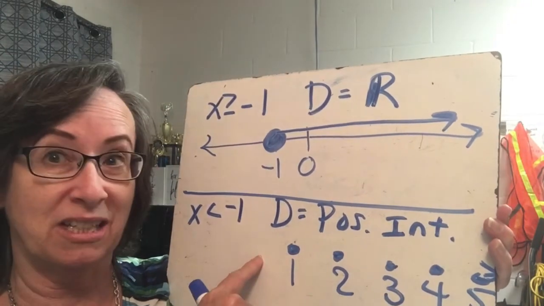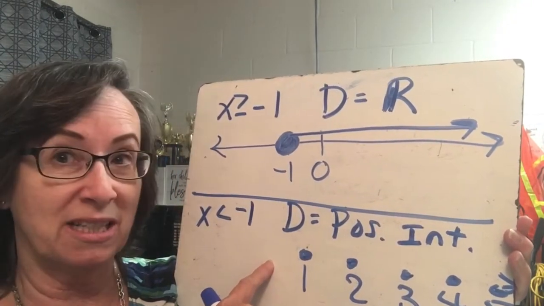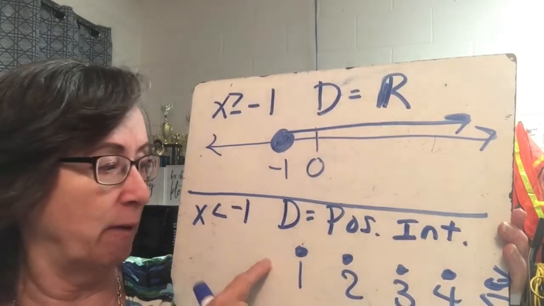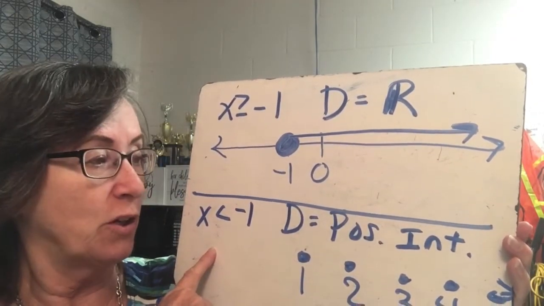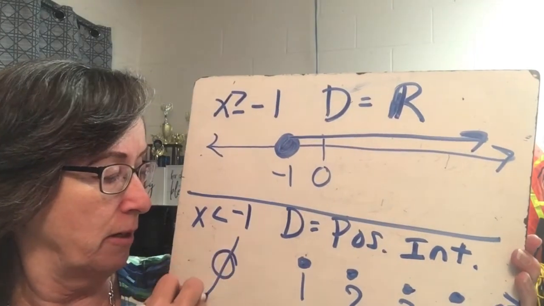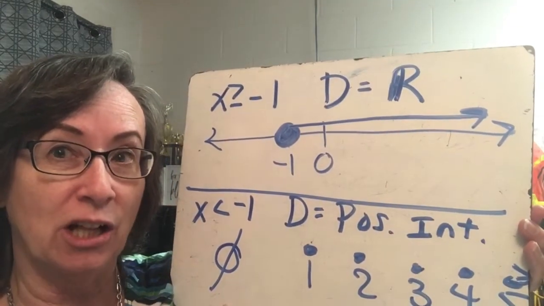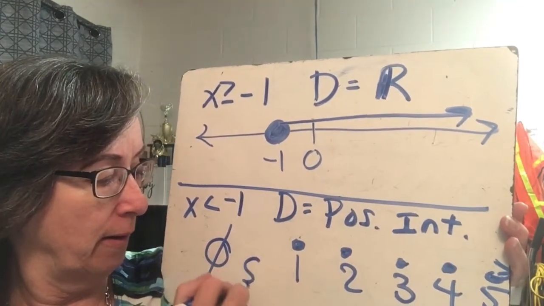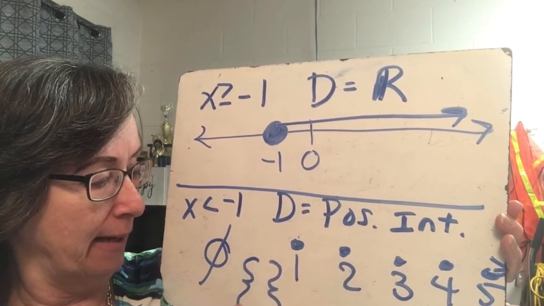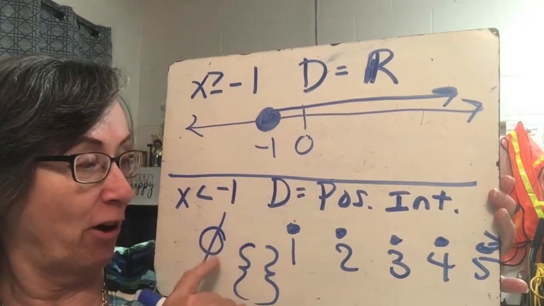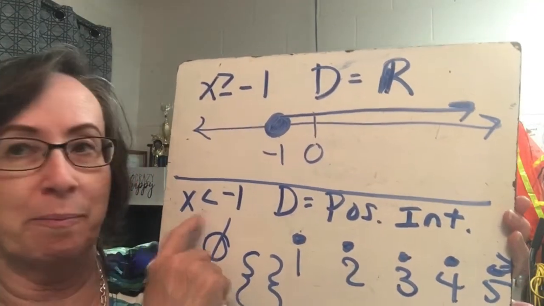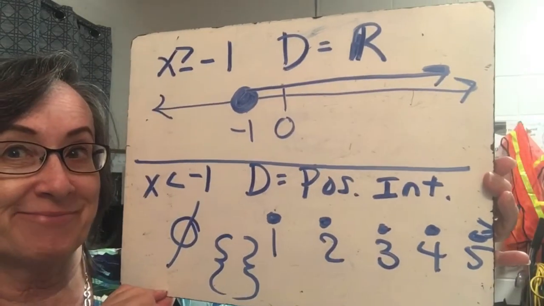Well, -1 is over here, and -1 is not even in the domain, and less than -1 is certainly not in the domain. So the solution set is the null set, or the empty set, with nothing in it, because there are no numbers in the domain that meet that qualification.